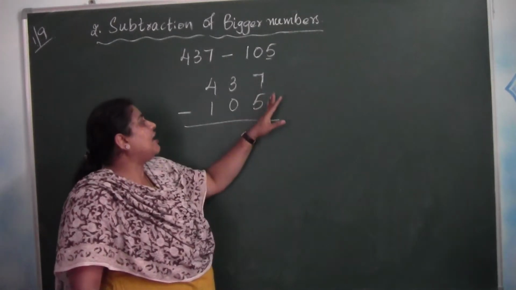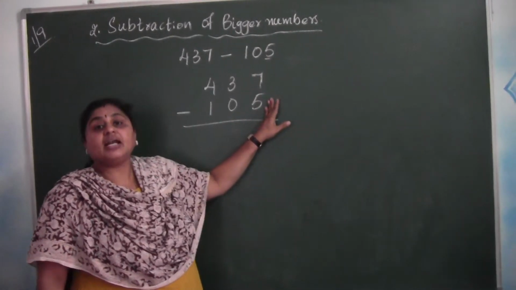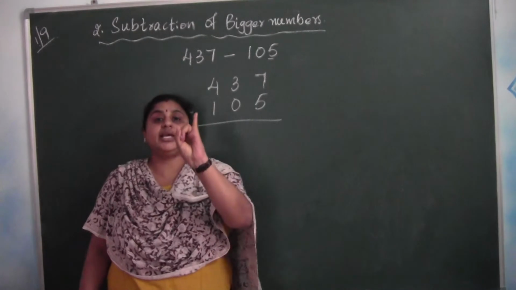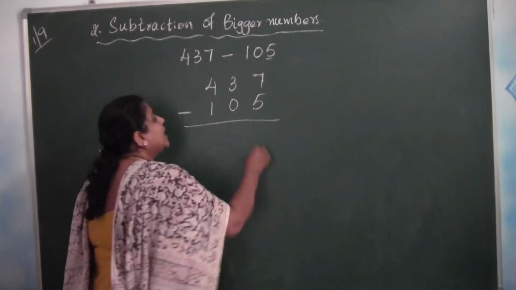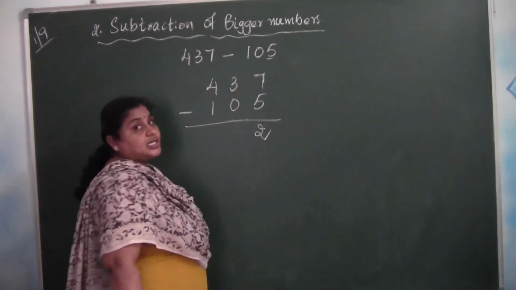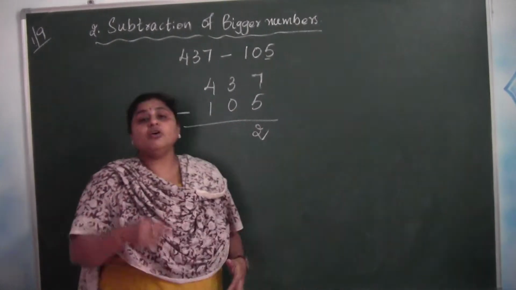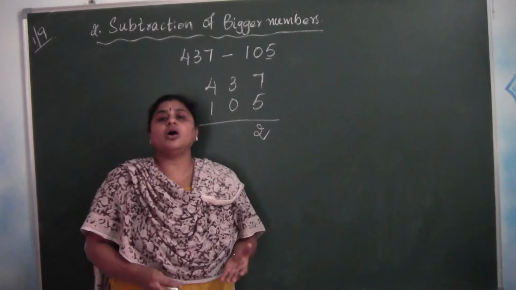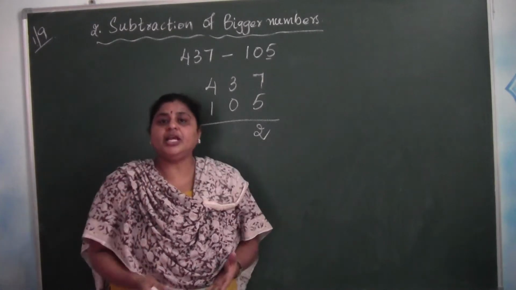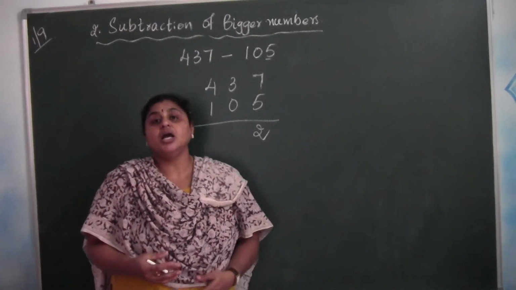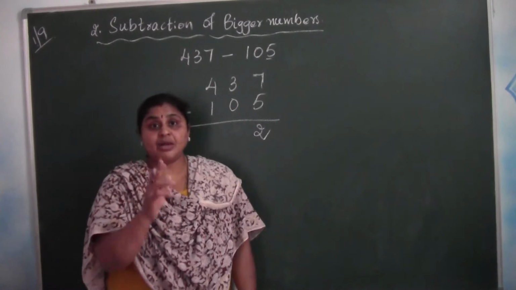Now from 7 we have to take away 5. Now from any number, when you take away 0, you get back the same number, right?